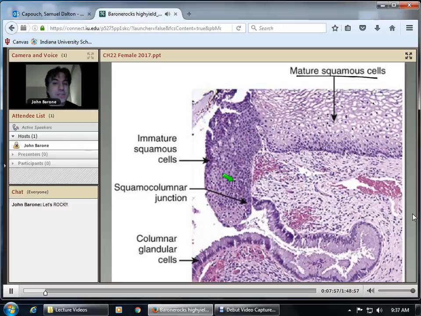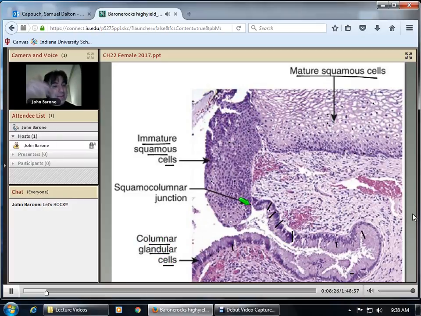Then I start to see squamous cells that are darker. These squamous cells are more condensed together, and they're not glycogenated. These are immature squamous cells. This is the transformation zone. And then finally here, we see a junction between these immature squamous cells and these tall columnar epithelium with these glands. See this gland coming down and coming back up.